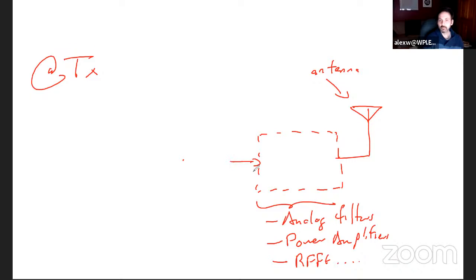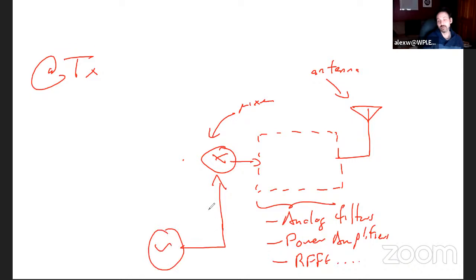One of the big important things, remember this passband modulation, is the mixing. The mixer enables us to go up, and this obviously is connected to some sort of local oscillator. Again, super idealized. It's actually more complicated than that. That provides us with some frequency, and our carrier frequency FC is built off of that.